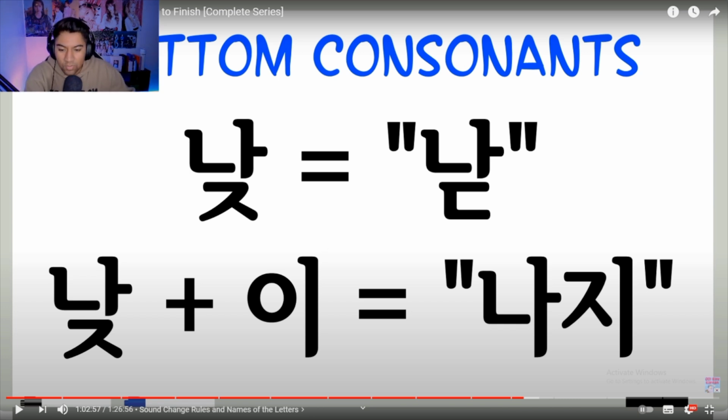So let's go back to yodol, right? It has a B at the end. So if you said this, which means 8, and then there's another word ahead and it starts with the letter B, then it would be pronounced yodol and then say the B. Let's say it doesn't exist, but if it was yodol in, it would be yodolbin.